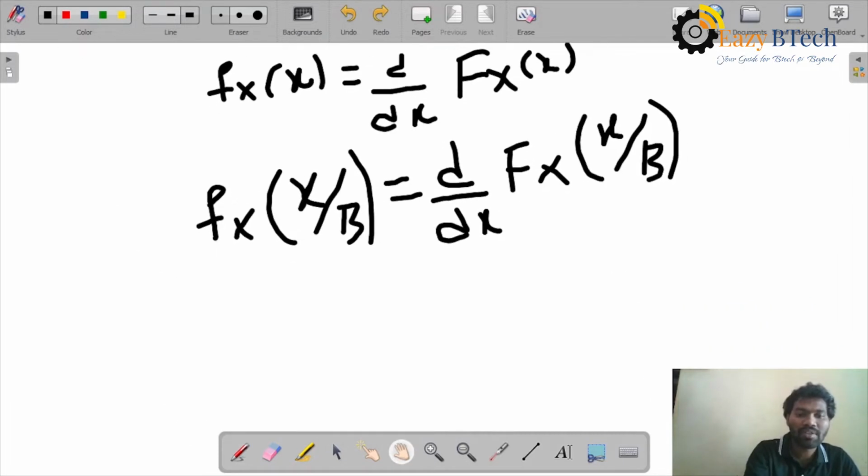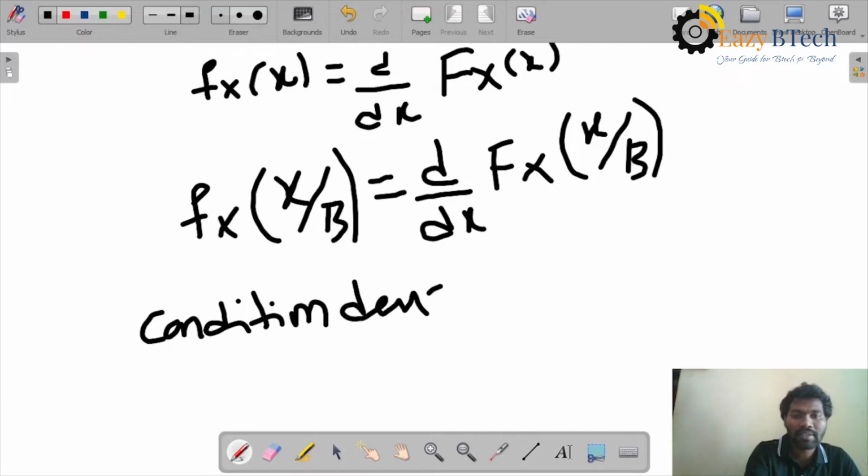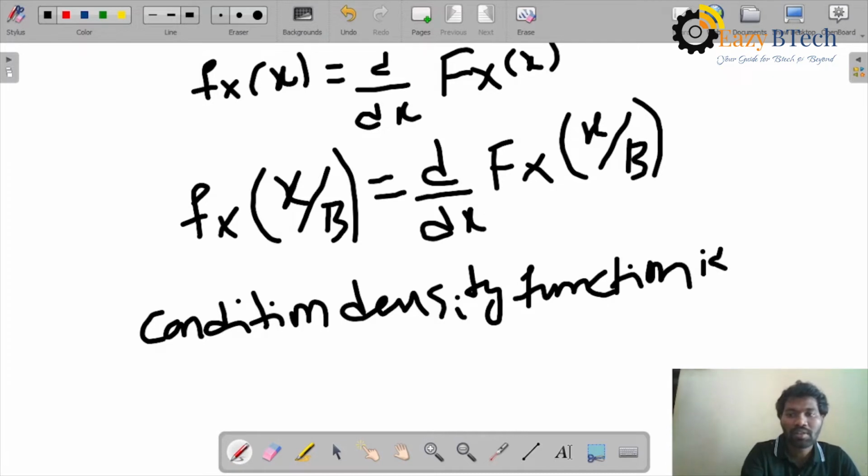So the conditional density function is the derivative of the conditional distribution function.